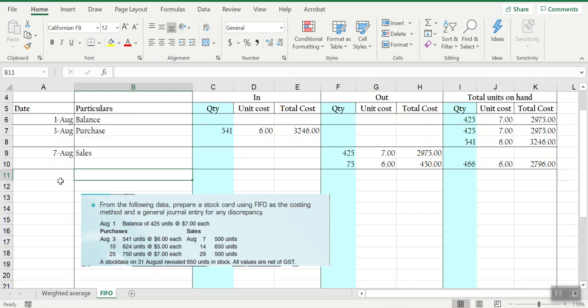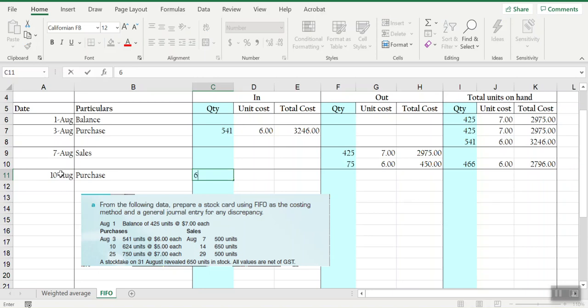Okay, next up, 10th of August. We're going to do a purchase. We're going to purchase at $5.